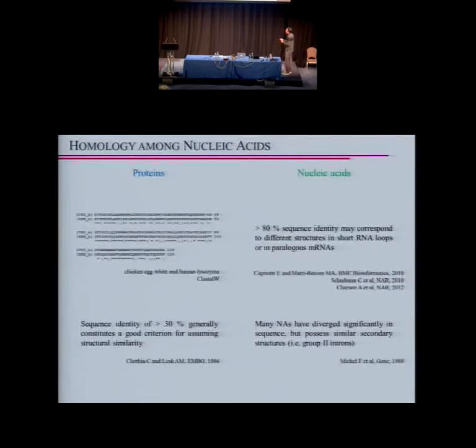At the same time, there are also many nucleic acids that diverge significantly in sequence, but whose secondary and tertiary structures are similar. This is, for instance, the case of the self-cleaving ribozymes and group 2 introns, which I'll mention recurrently during my talk because they constitute the strongest focus of the research in our lab. Certainly these exceptions are also true for proteins in some cases, but for nucleic acids they actually constitute rather the rule.